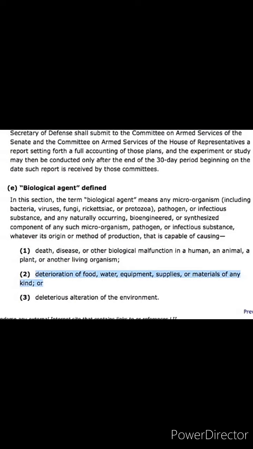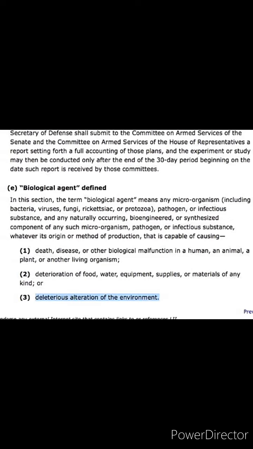Deterioration of food, water, equipment, supplies, or materials of any kind, or deleterious alteration of the environment. So the government just gave its permission to kill, disease, or make to malfunction the human, animal, plant, or other living organism's body.